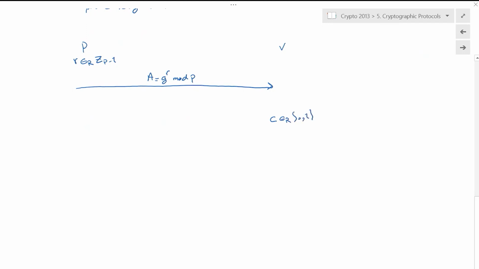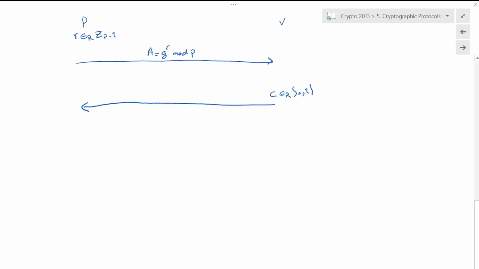It would basically randomly choose a bit and then send that C to the prover. And then the prover computes and sends B equal to R plus CS mod P minus 1.